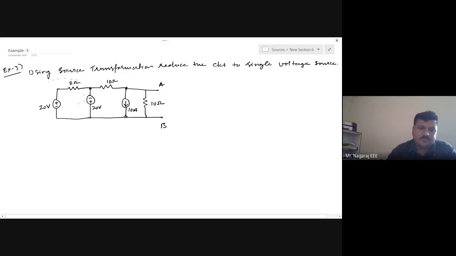See here, this loop of 20 volt and 2 ohm has no significance in the circuit. Because suppose this is node X, what is the potential value of X?